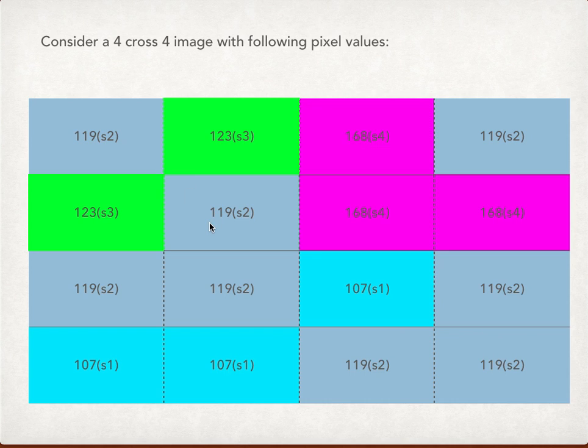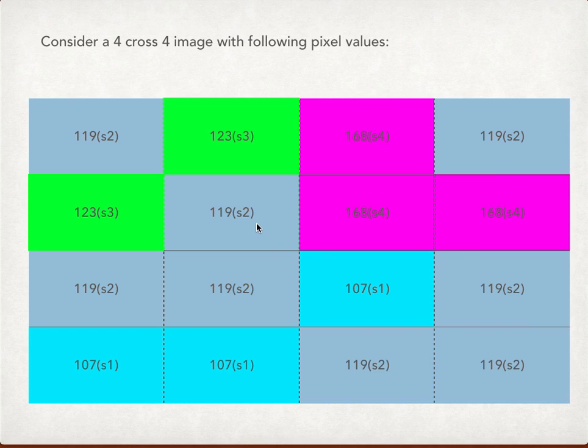The next thing is, Huffman coding is a variable length code. That means it assigns more bits to the symbols which are not occurring frequently, and it assigns fewer bits to the symbols which are occurring more frequently.